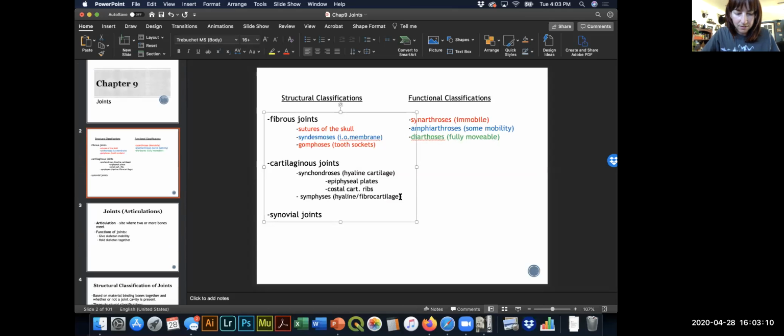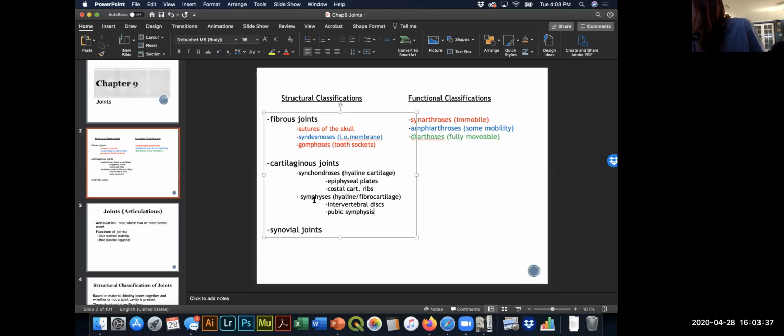Your symphyses include your intervertebral discs and your pubic symphysis, right? As a symphysis, it is one of these symphyses. These guys are going to be synarthrotic. Boom. And your symphyses are semi-mobile.